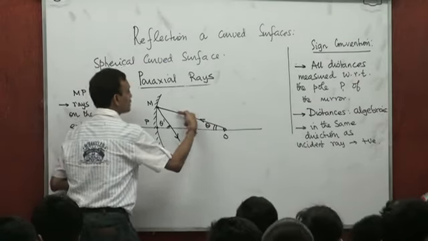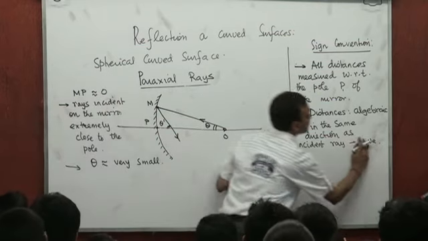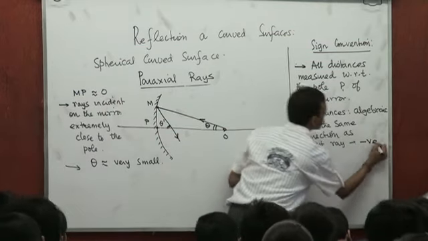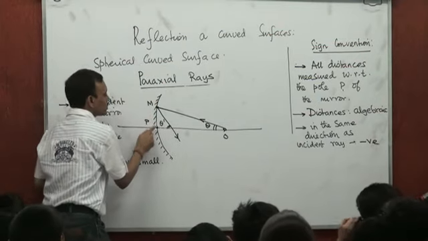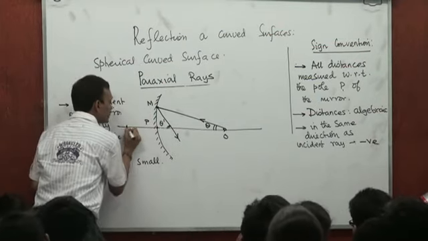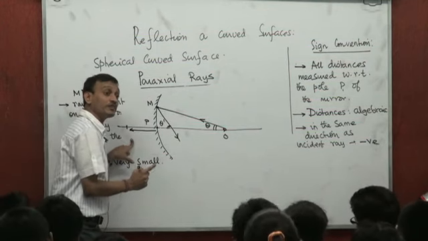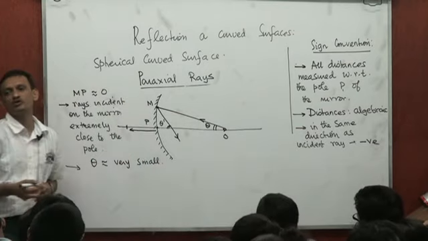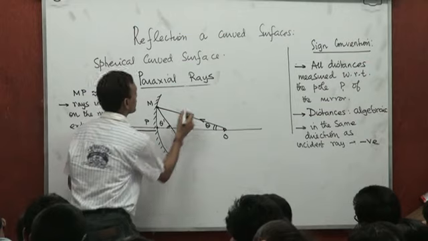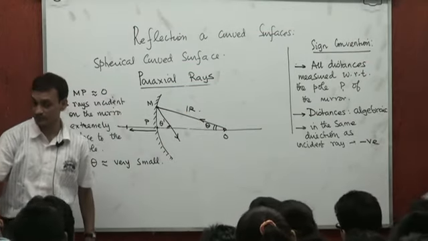For example, in this case, this is the direction of the traversal of the incident ray. So from the pole, if I measure a certain distance in this direction, then that would be considered negative. Distances measured from the pole in the same direction as the traversal of the incident ray would be regarded negative.